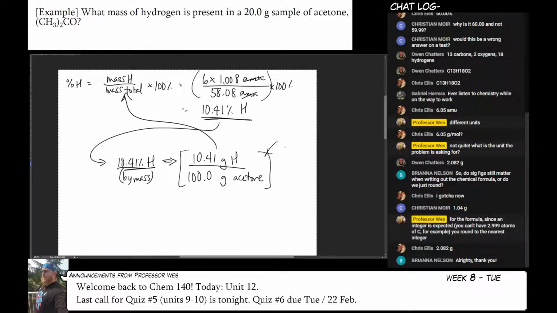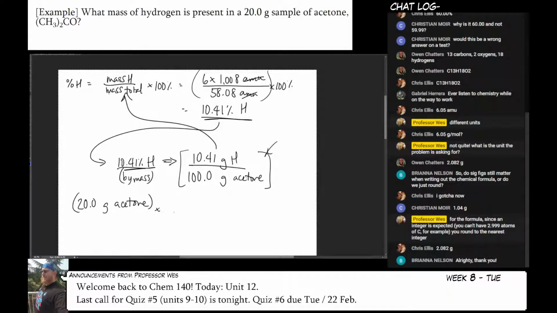So now what I can do is I can say, well, I have 20 grams of acetone. And you might have just said, well, I'm just going to multiply this by that and get the answer, right? And you totally can do that. It's just that I'm going to do this in a different way.